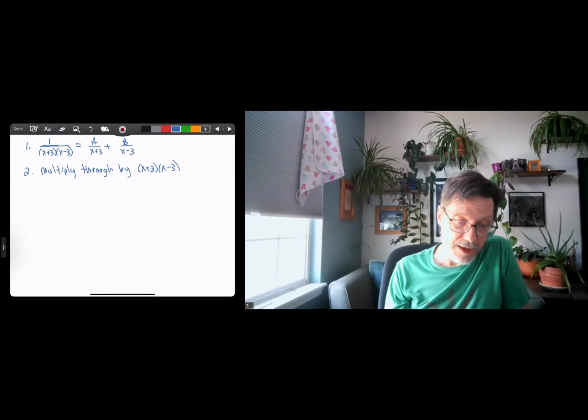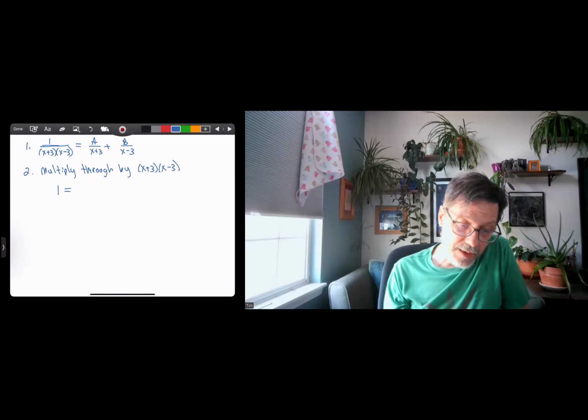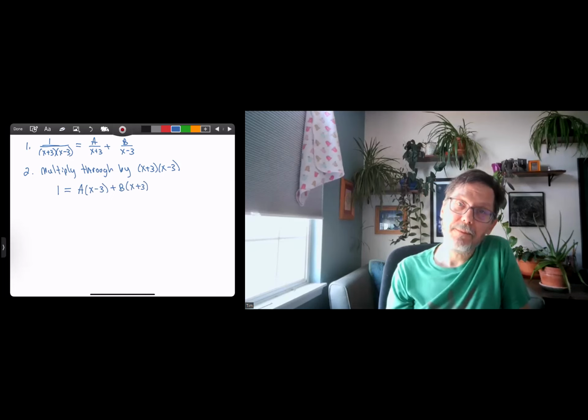So when I multiply the left-hand side, I just get 1. When I take that left-hand side, which is my original fraction, I'll always just end up with the original numerator. And then equals a times the x plus 3's would cancel, so I'm left with an x minus 3, plus b times the x minus 3's cancel, leaving me with an x plus 3 there.